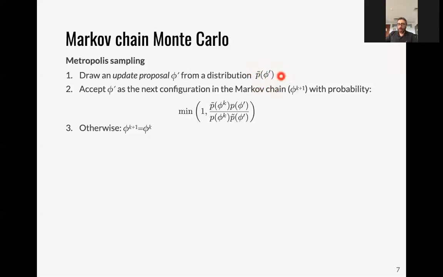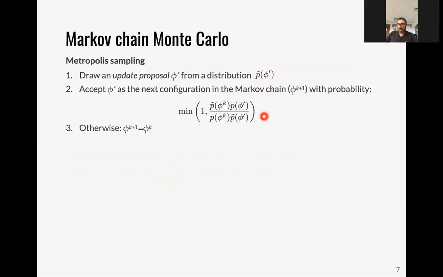So I draw these proposals using P tilde of phi, and then I accept them as the next configuration in the Markov chain with this probability, which involves both my desired probability and P tilde of phi, which is the one that I'm actually drawing from.